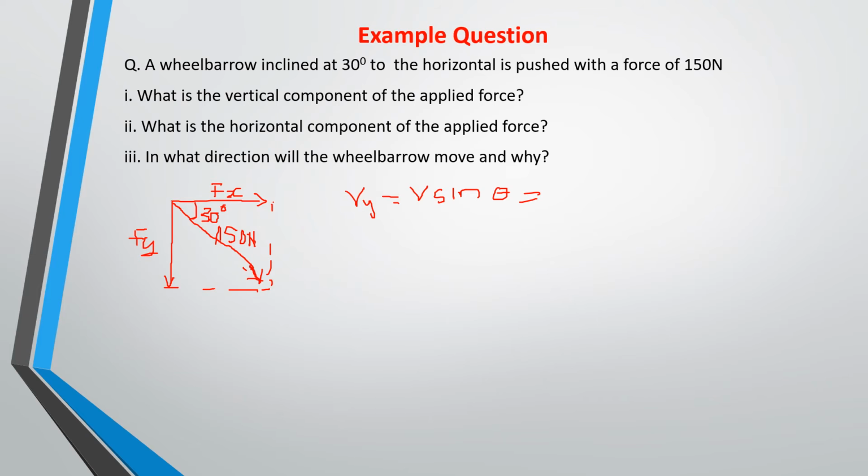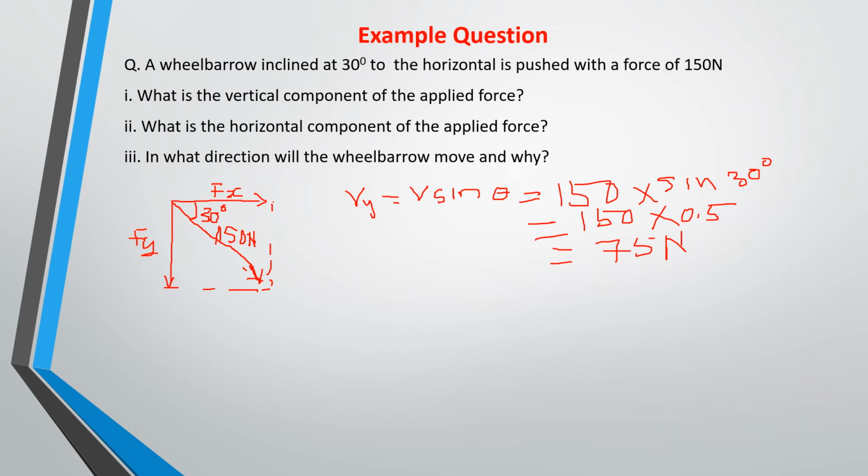So this gives us 150 times sine 30 degrees, which is 0.5. So the vertical component will be equal to 75 Newton.